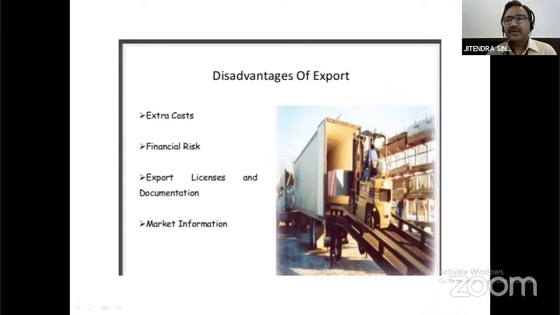It means the rest of the 80% payment will be made by the importer, by the buyer, after receiving the complete consignment. But after receiving the complete consignment, maybe certain internal problems happen in that country, a change in government, a change in rules or regulations in that country. The payment may be stuck.